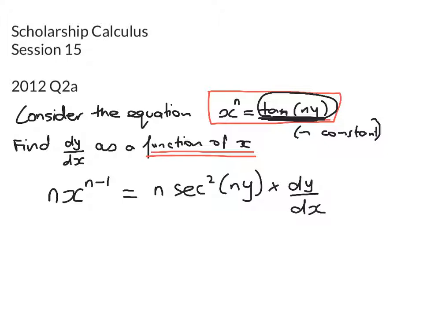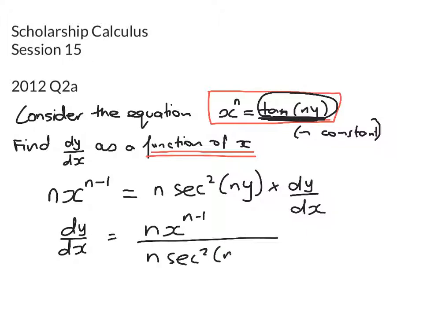If you're not familiar with implicit differentiation, go have a look at the video that I did earlier today, one of the other scholarship calc ones, or go and look in the Delta textbook. It's probably in with the conics material. Okay, so in here, what I've got to do now is get an expression for dy by dx. So dy by dx is equal to n x to the n minus 1 over n sec squared ny.